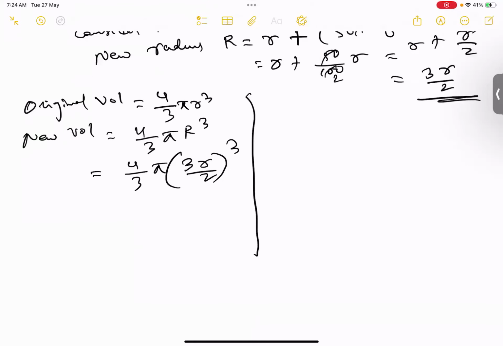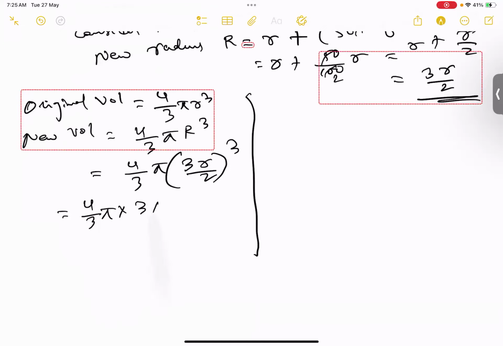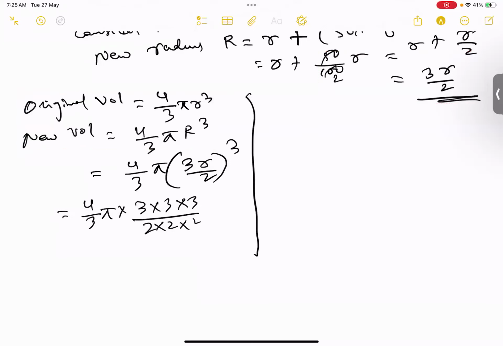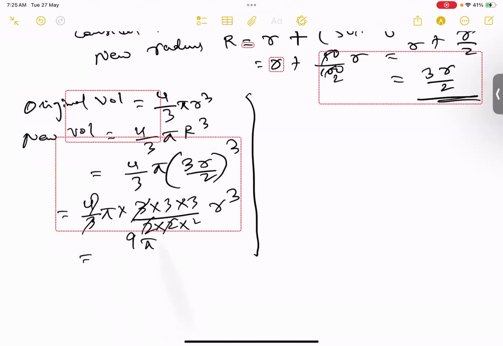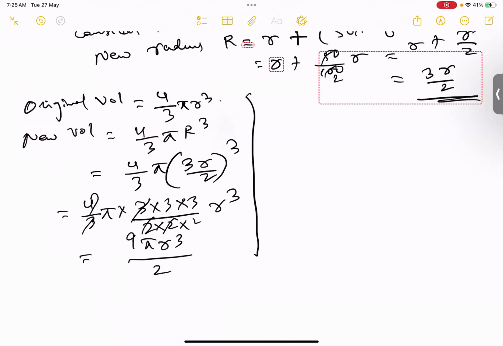So if you solve it, you will get 4 by 3 pi into 3 into 3 into 3 by 2 into 2 into 2 r cube. So the answer is 9 pi r cube by 2. So this is the new volume after increasing the radius by 50%. Okay. Now we have to find the increase in the percentage.